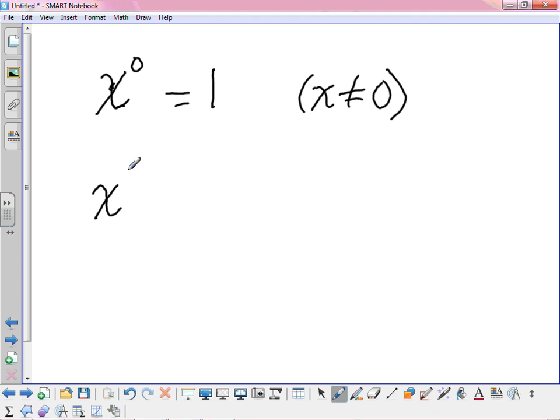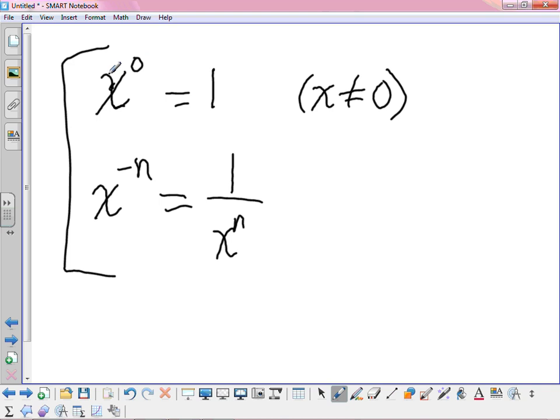And if I take x and put a negative exponent, that's the same as, well, it was just 1 over, wasn't it, when I backed up? So, same as dividing by that many factors. So negative exponents are equivalent to what? Reciprocals with positive exponents. So 2 basic rules: 0 power always gives 1, negative is 1 over with the positive, and vice versa.